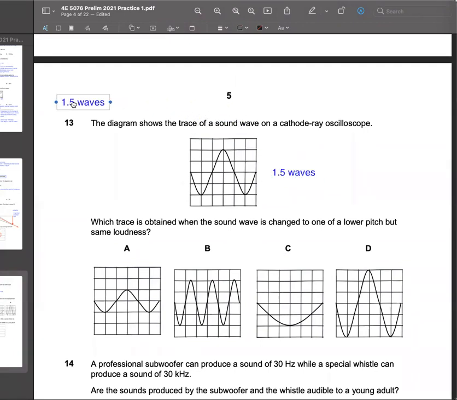What's a sound wave? Is a sound wave longitudinal or what? Longitudinal, it's back and forth. Okay, define longitudinal. The particles move back and forth.